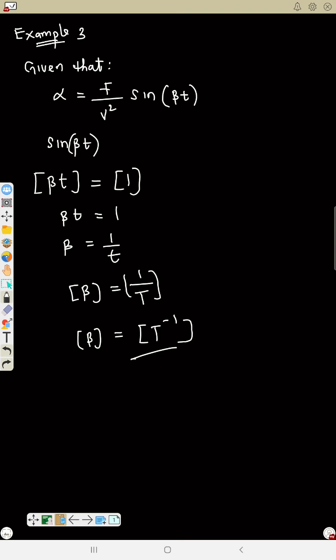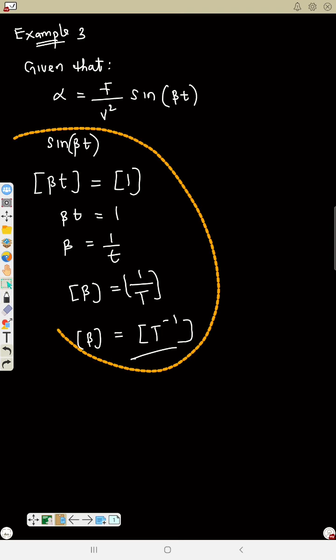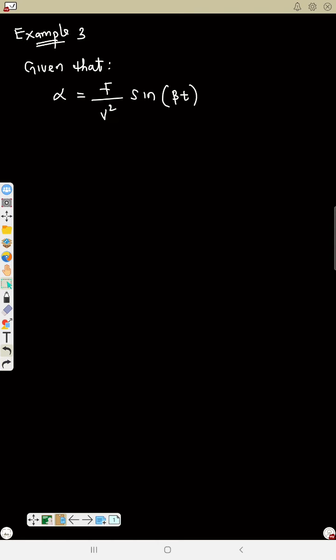Now let us find alpha. To find alpha, I will use the other technique. Alpha is equal to f over v square. We said everything in the brackets that follows sine is dimensionless. Also, the whole sine expression is dimensionless, that will be 1.